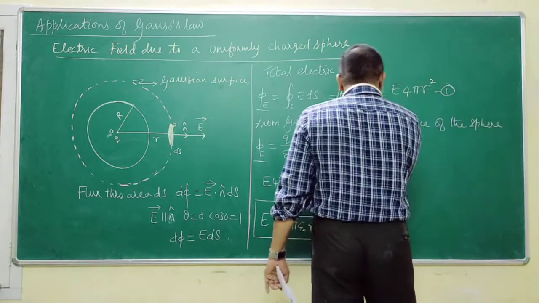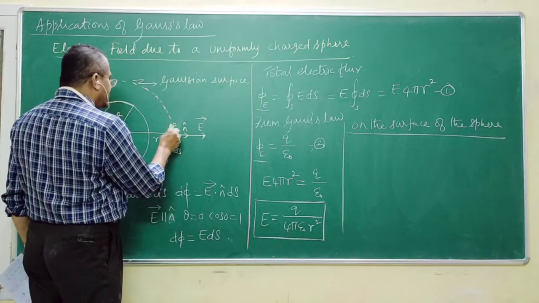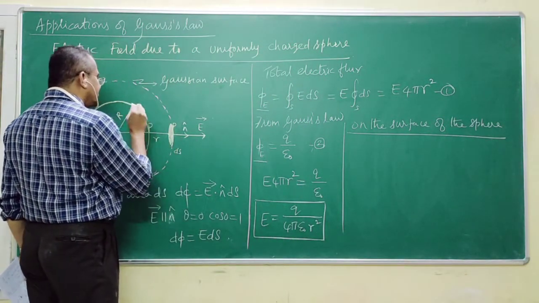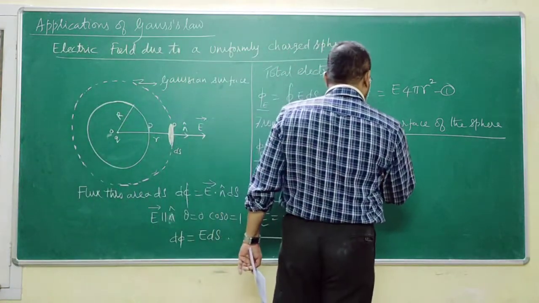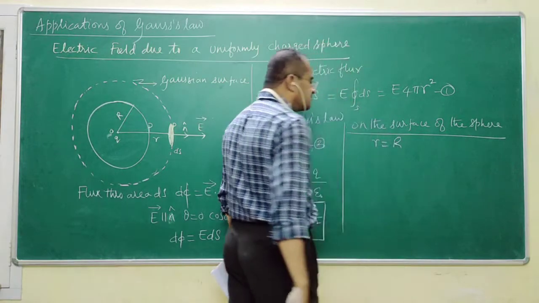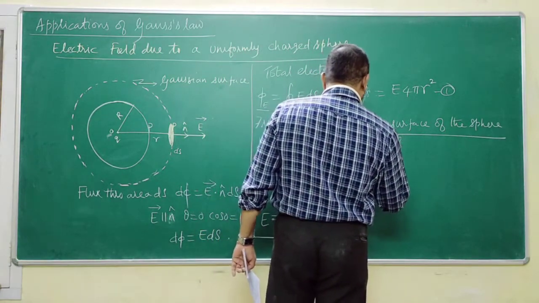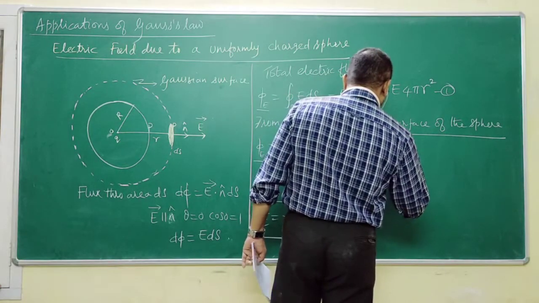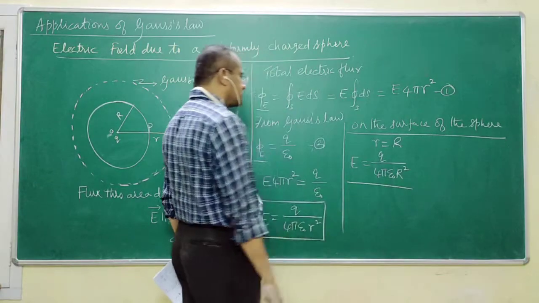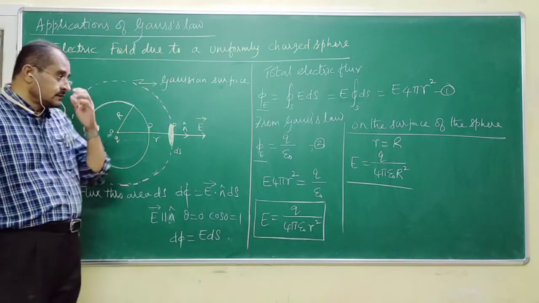When I say this, what I mean is, if the point P is brought and placed on the surface of the sphere, small r becomes equal to capital R. Therefore, E becomes equal to Q by 4 pi epsilon naught capital R square. No harm in that. Okay.